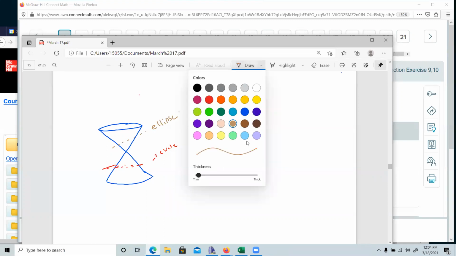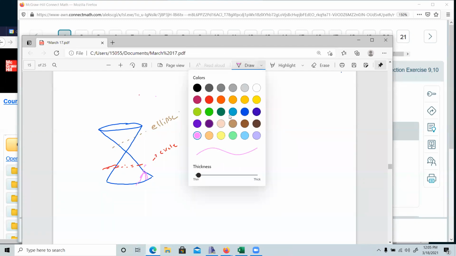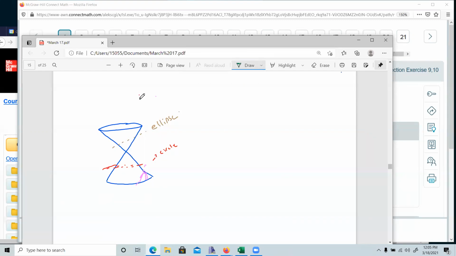If we take that circle and just slice a piece off the corner over here, the resulting shape is going to be a parabola. And then finally, I'll do the darker one.